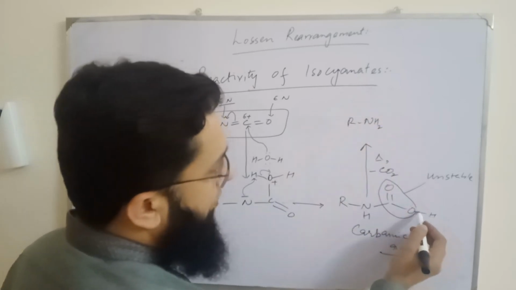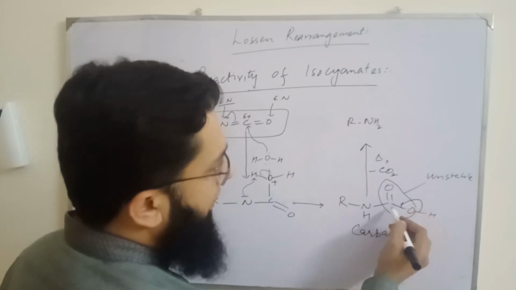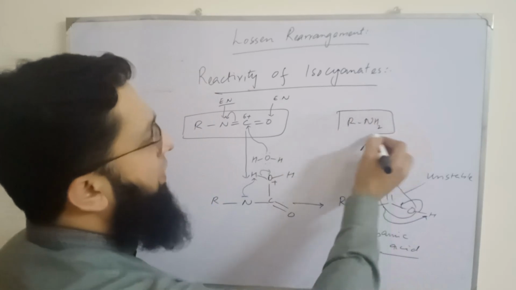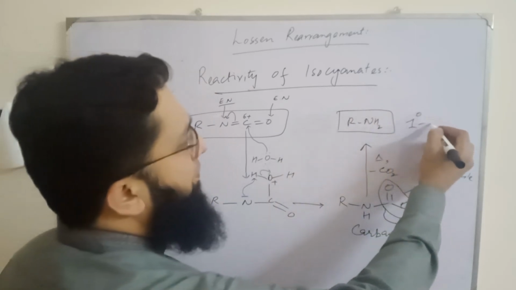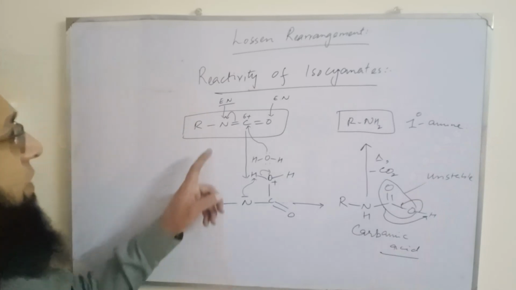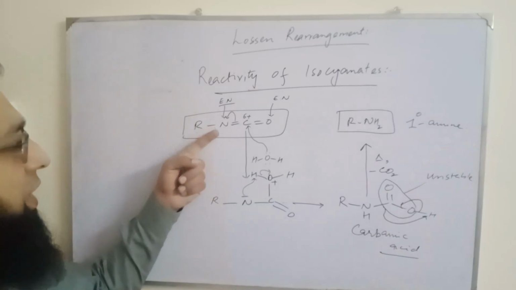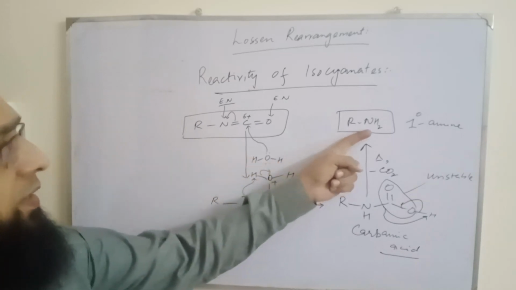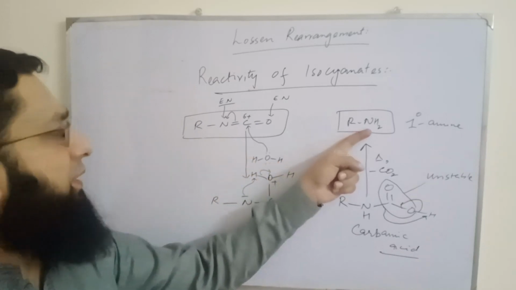When CO2 is removed, this bond shifts here and this bond takes this proton, so we get primary amine. So if isocyanate is allowed to react with water and is heated, we get primary amine as product.